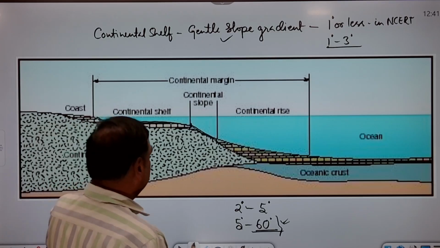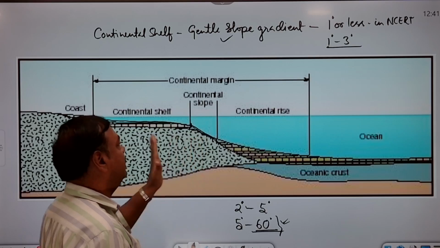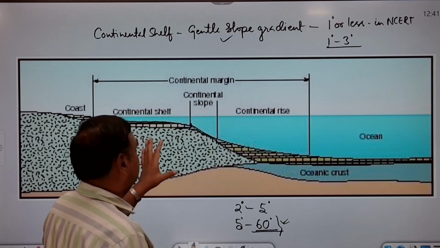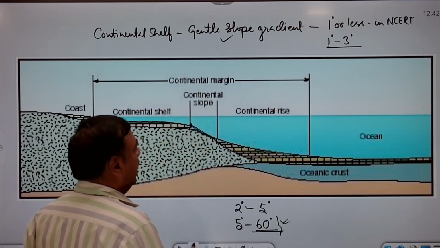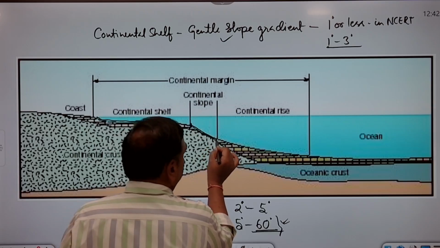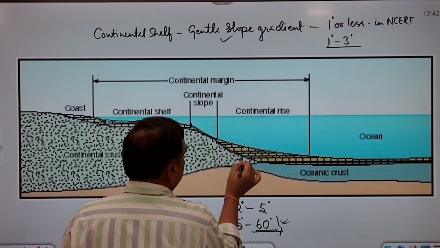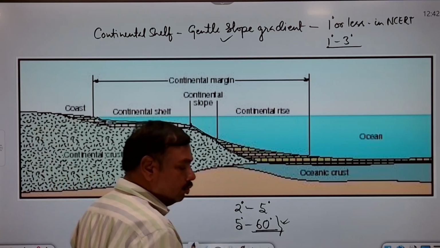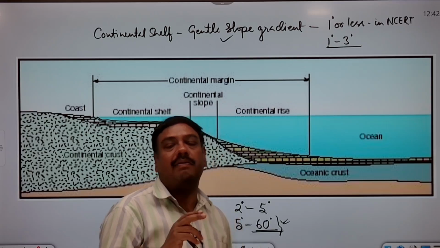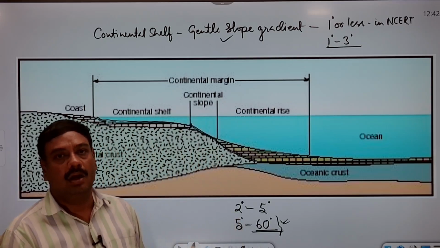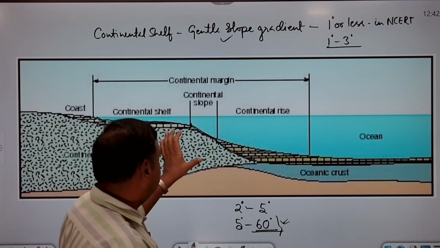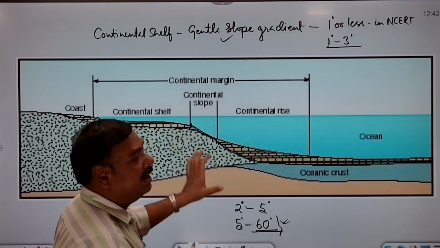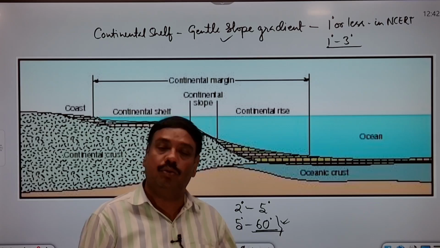Now, since it is also the extended portion of the, you can say continental slope, and this continental slope extends further, right, in this way. So, when you go through your NCERT book, two things are given there. One is that this continental slope region, since it is having more slope gradient, that is why it has been named as continental slope, one thing.